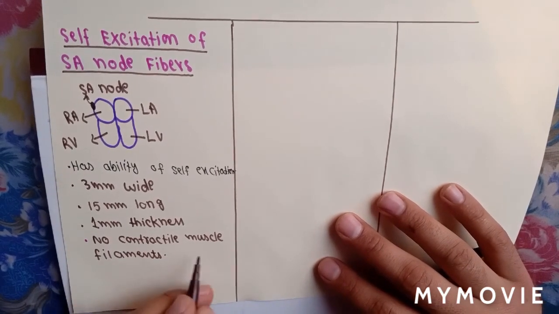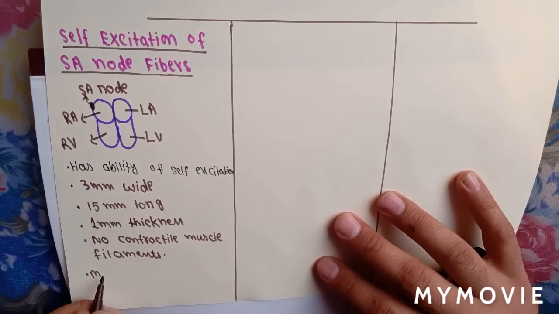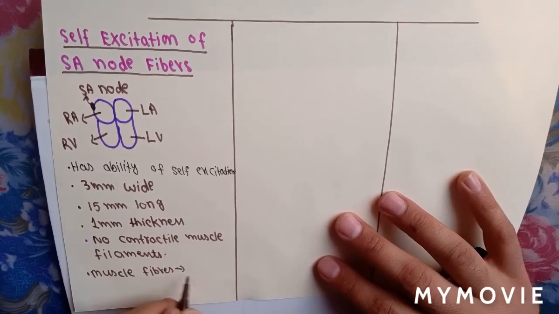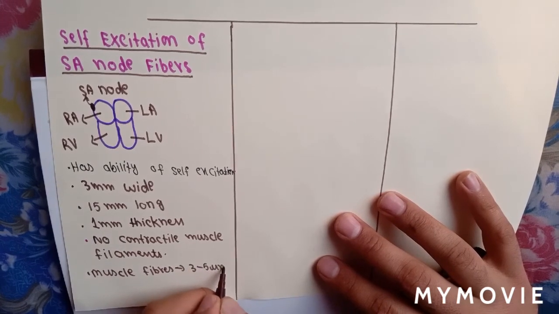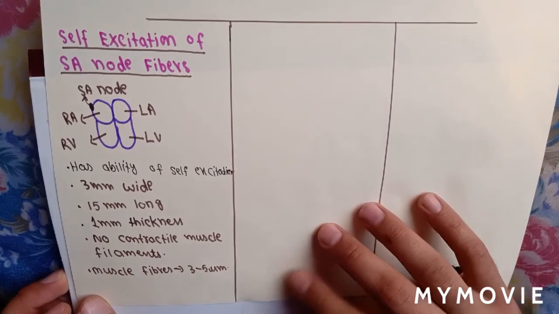The muscle fibers that are present in the SA node have a diameter of about 3 to 5 micrometer.